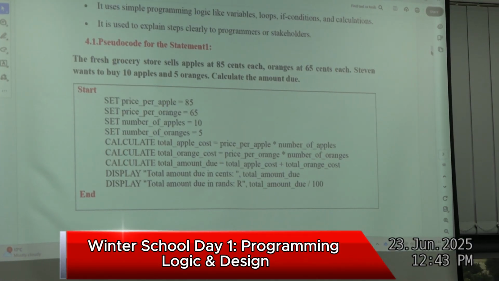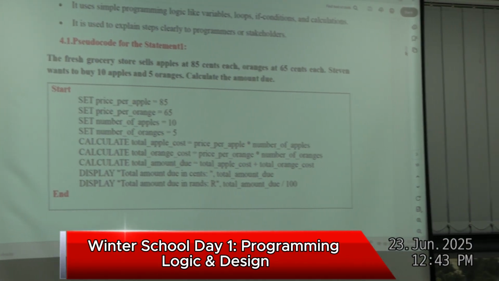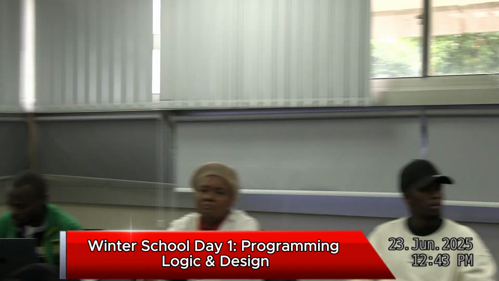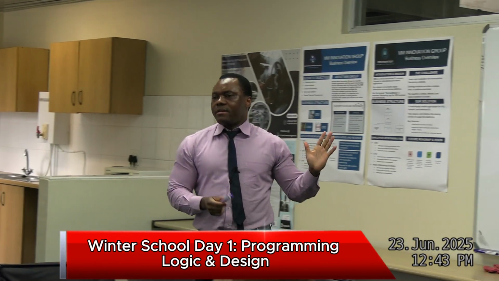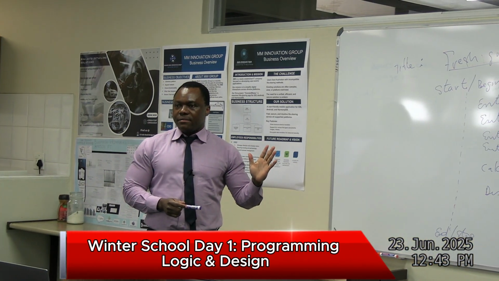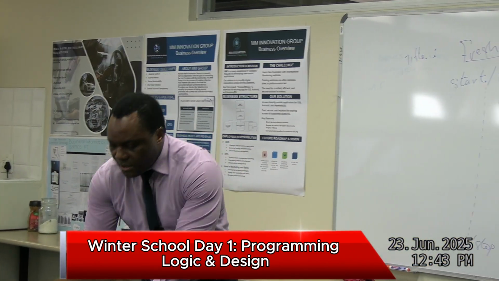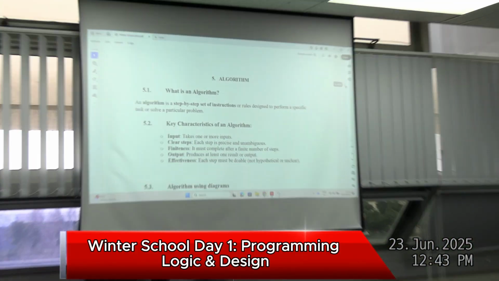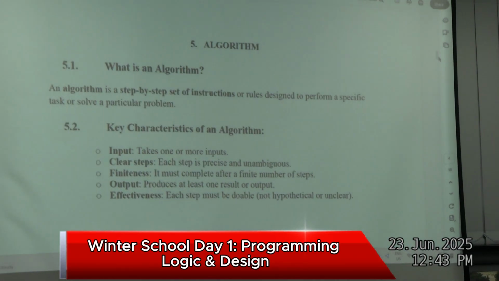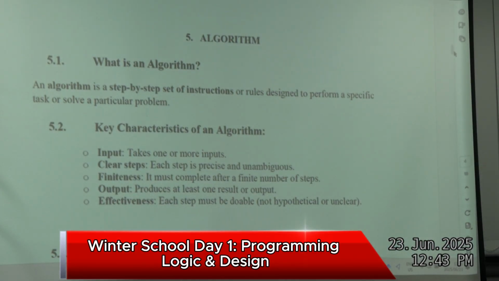And then, the third step is you put your pseudocode inside of those two keywords, not at the beginning. Okay? Now, let's move to algorithm. We have first to define an algorithm. An algorithm is a step-by-step instruction.